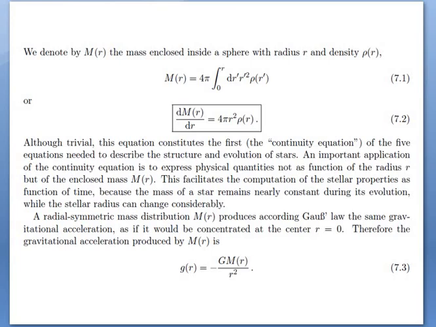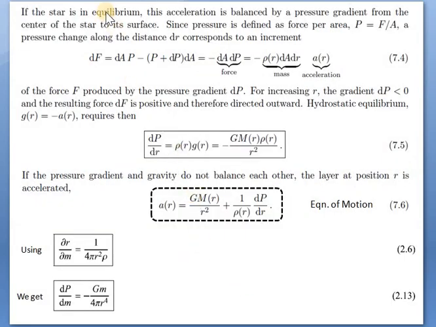Therefore, the gravitational acceleration produced by this mass m(r) is given by this term, and if the star is in equilibrium, then this acceleration is balanced by a pressure gradient from the center of the star to its surface. Since pressure is defined as force per area, we can write it like that.